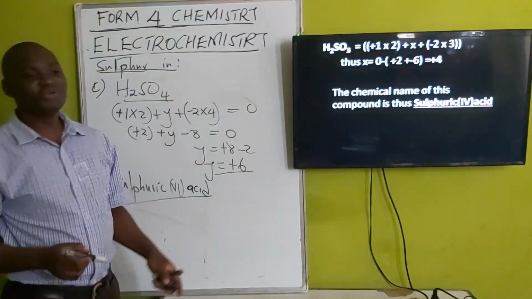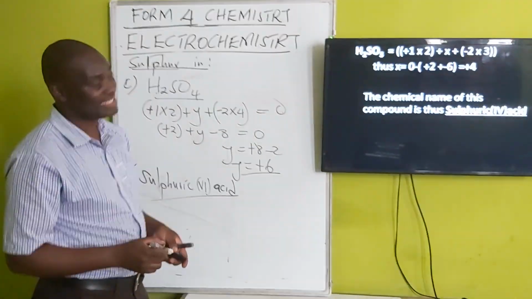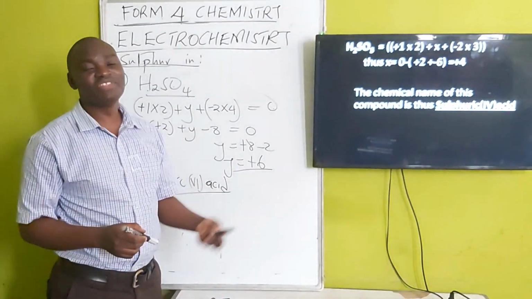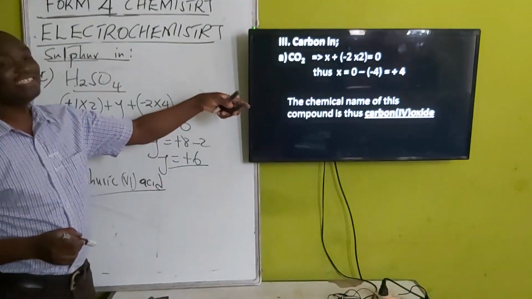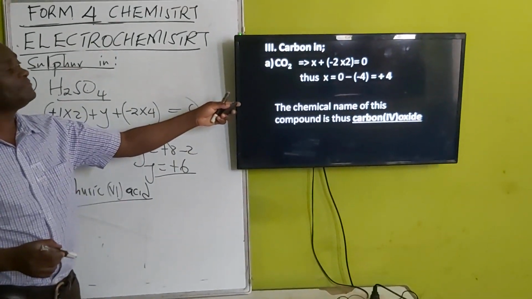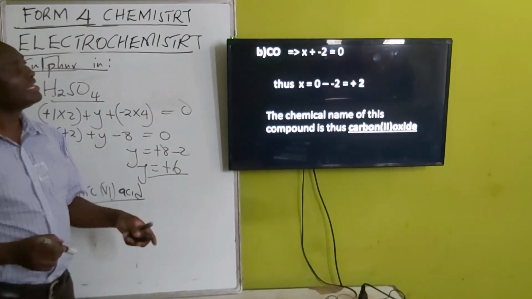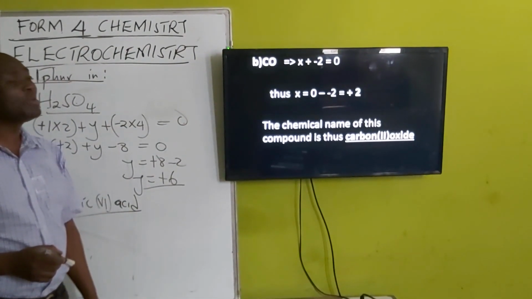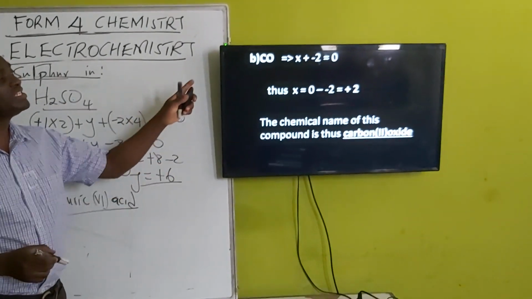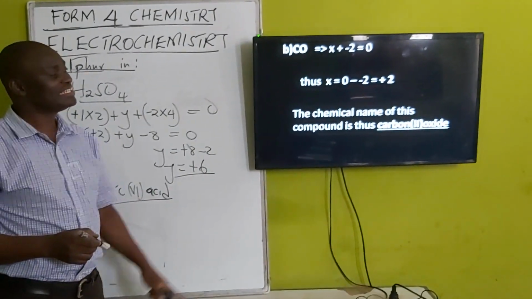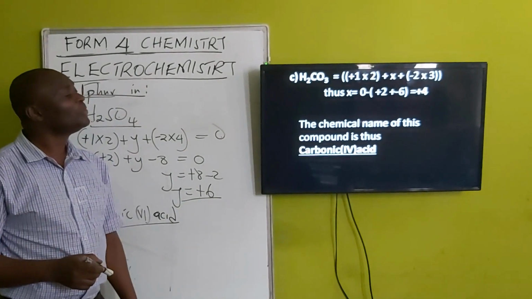You can do again the same for H2SO3, then you give that compound a name. You come to carbon, you can calculate the oxidation number of carbon in CO2. You apply the same thing we have been doing here. You can also do the same for CO, the compound which has 1 carbon and 1 oxygen.